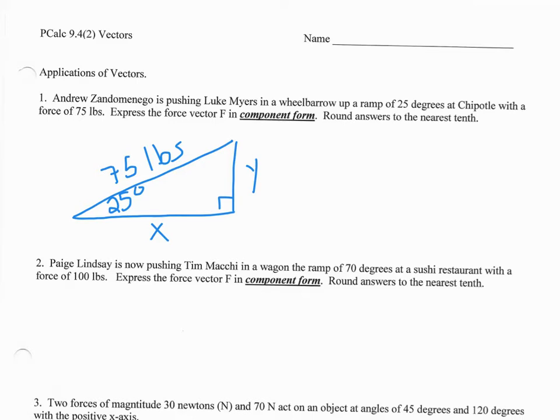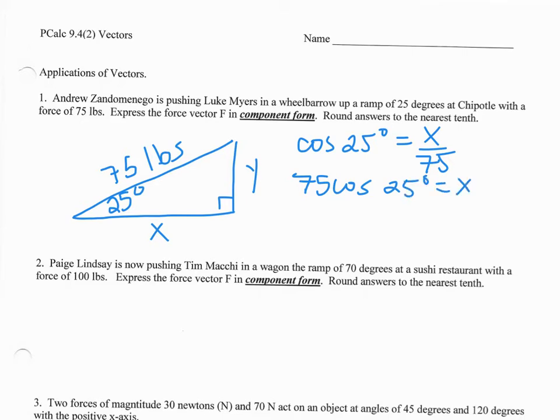Now, please make sure your calculator is in degree mode. That's really important because it's probably still in radians. And let's start with x. So if I say SOHCAHTOA, cosine of the 25 degrees is adjacent over hypotenuse. All I'm really doing now is multiplying that 75 up to the top, and then I'm already ready to grab that calculator.